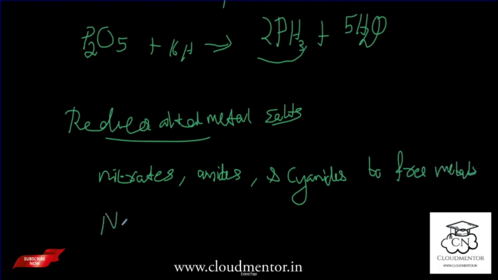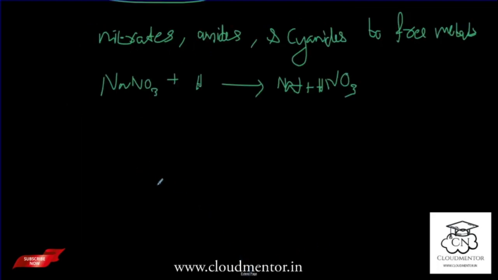As NaNO3, sodium nitrate, is reduced to free metal, that is free sodium, plus HNO3, and NaNH2 is reduced to sodium, forming ammonia.